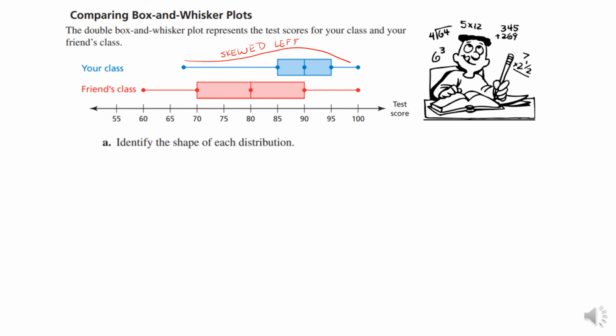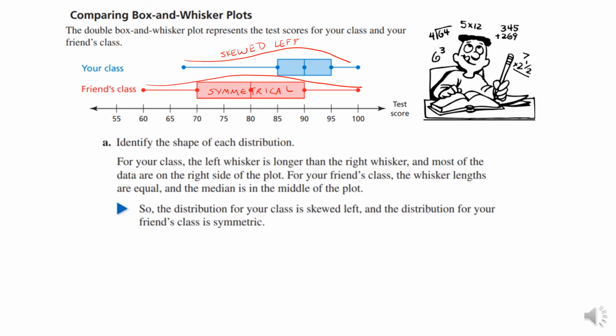Okay, then I look at my friend's graph, and it looks pretty even. So I'd say that this one is symmetrical. Okay, so interesting thing to look at. And for your class, the left whisker is longer than the right, so this goes along with what they said. And so ours is skewed left, and theirs is symmetrical.